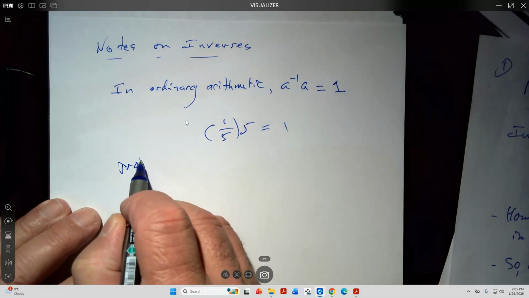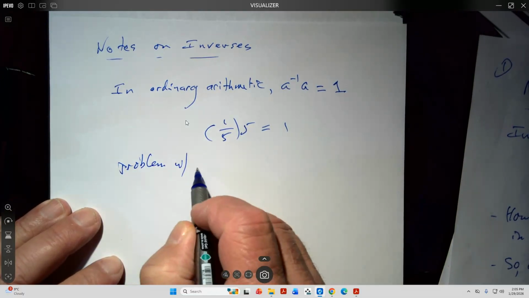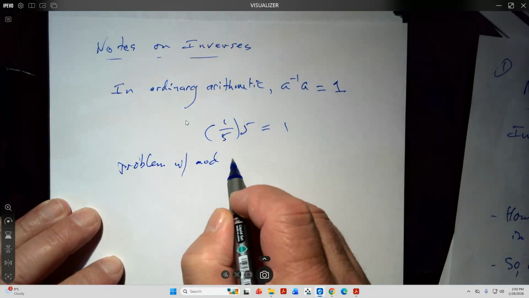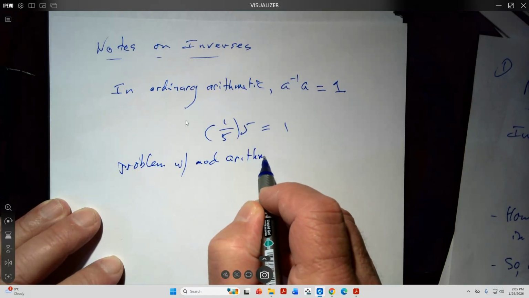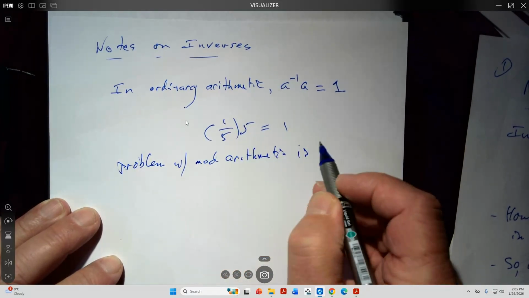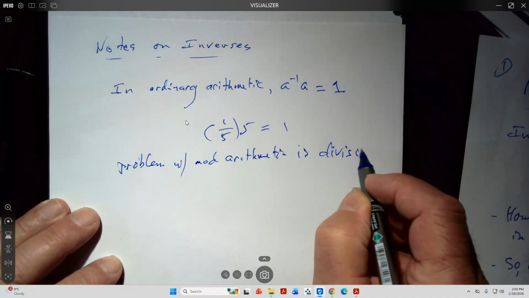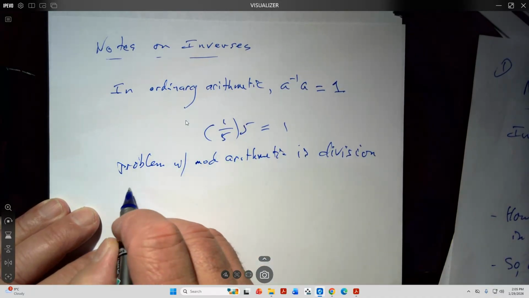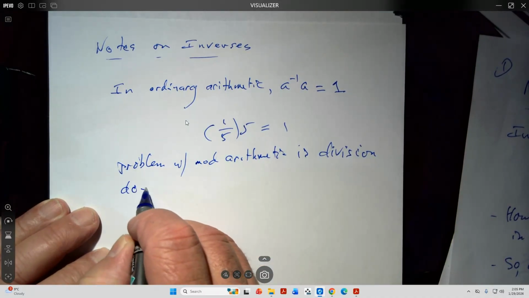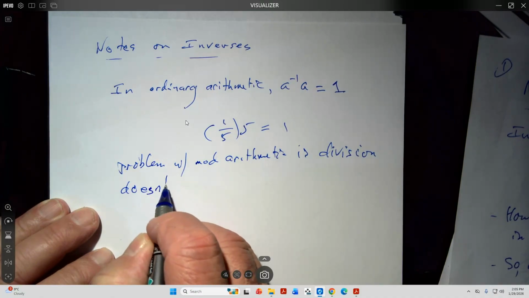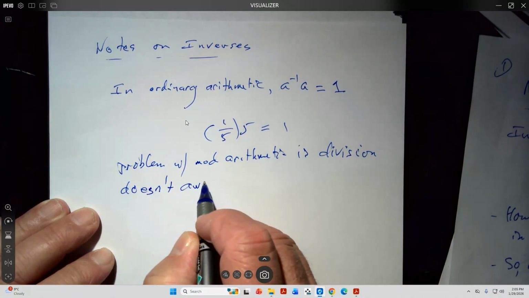Problem with modular arithmetic is division doesn't always work.